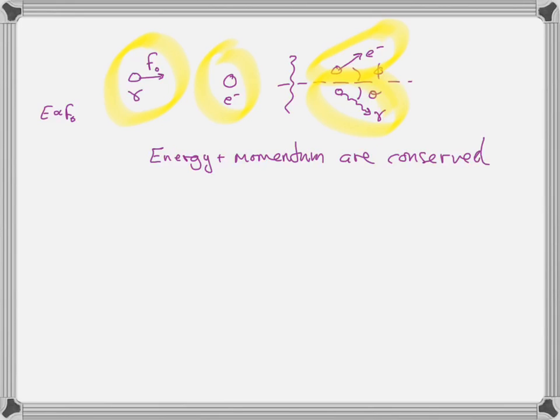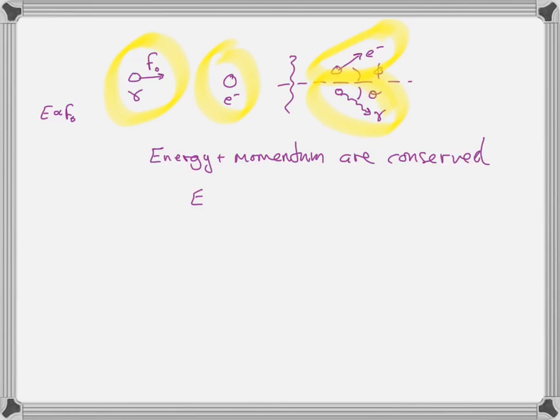If we can treat the light like a particle, then energy and momentum should be conserved like a billiard ball collision. So we're just looking at the energy in and the energy out, the momentum in, the momentum out, and seeing if this acts like a billiard ball collision.